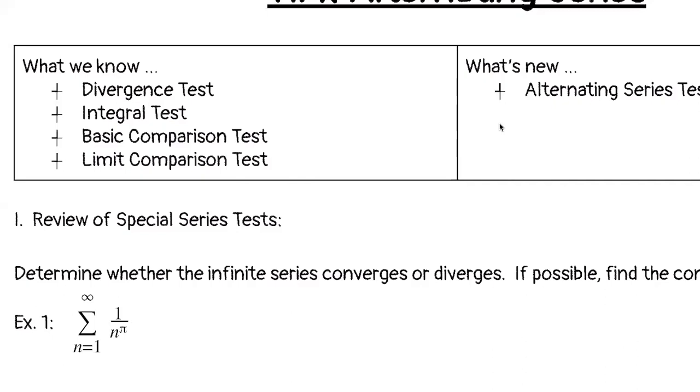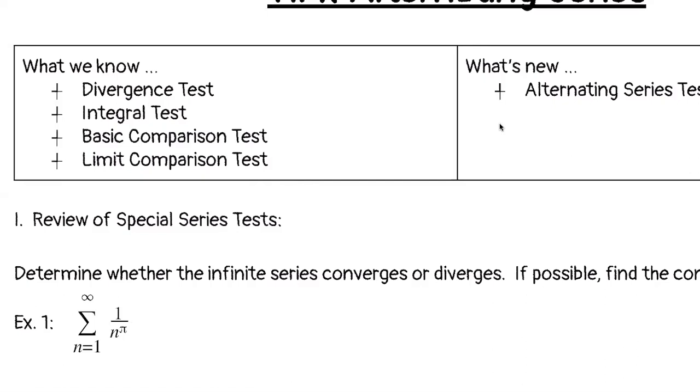If it's easy to integrate? Yeah, if it's easy to integrate, right? If you've got like a 1 over n or an n squared or just anything where it's not too bad to integrate, that's definitely a good chance to use the integral test, okay? But we do want to make sure that we check that it's positive and decreasing before we do that.